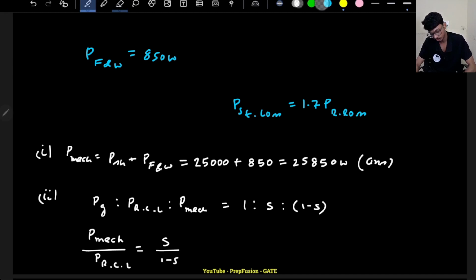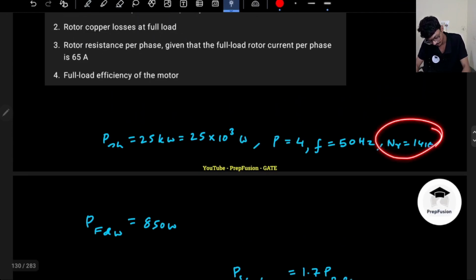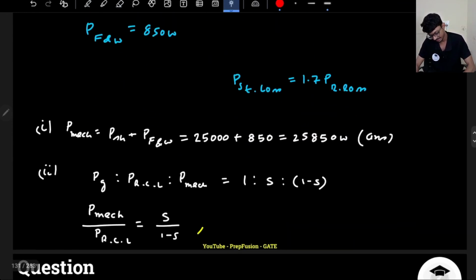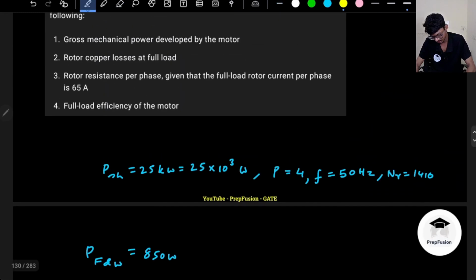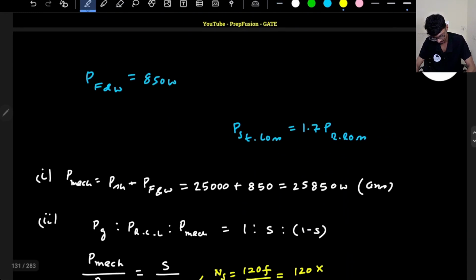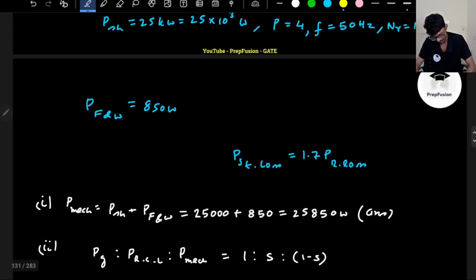Now what is the slip? I don't know what is slip. How do you find out slip? In rated condition, they have given me the speed of the rotor. And what is NS? NS will be 120 F by P. So 120 into F, F is 50 hertz, divided by the pole. Number of poles is 4.